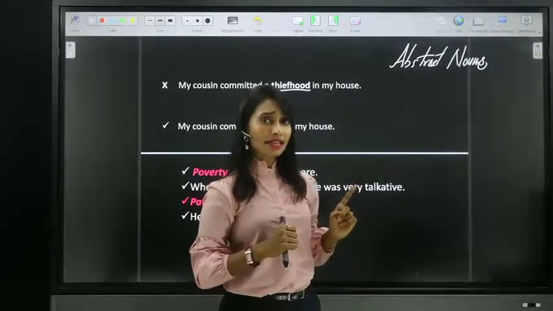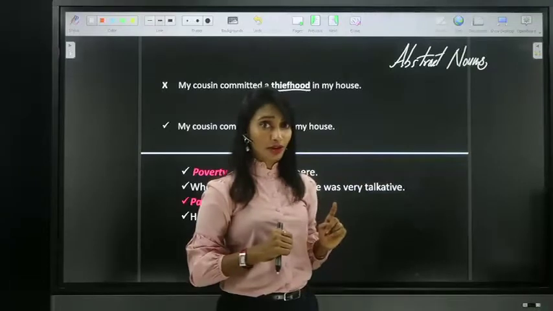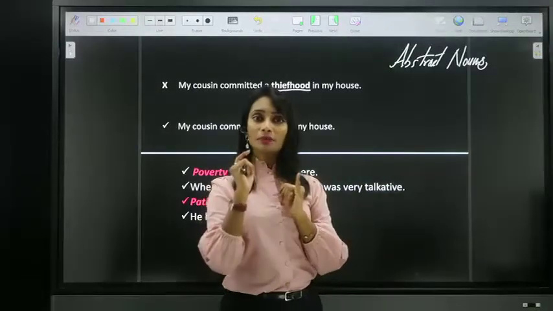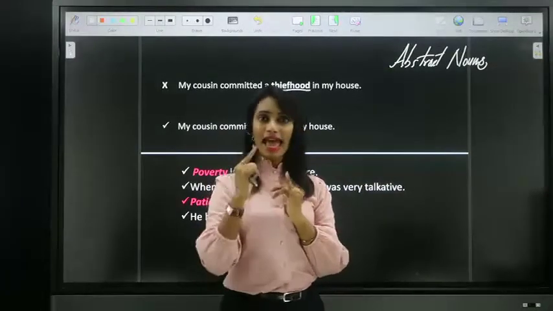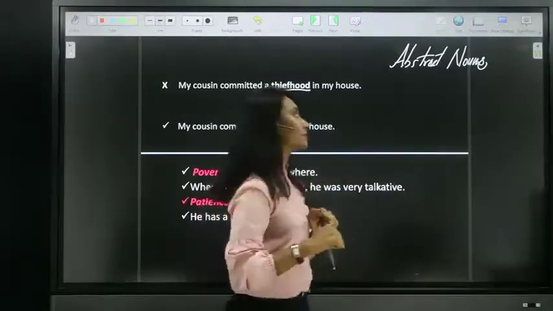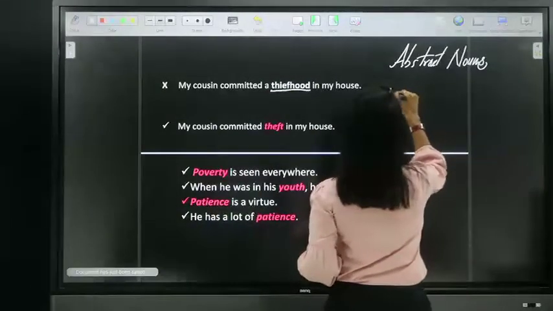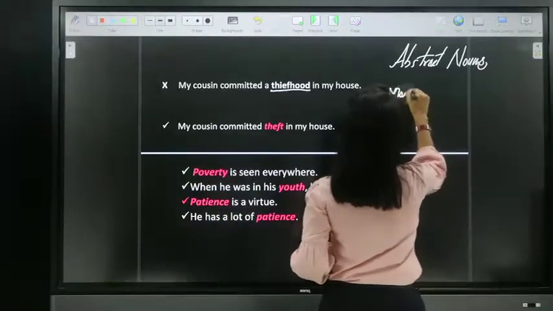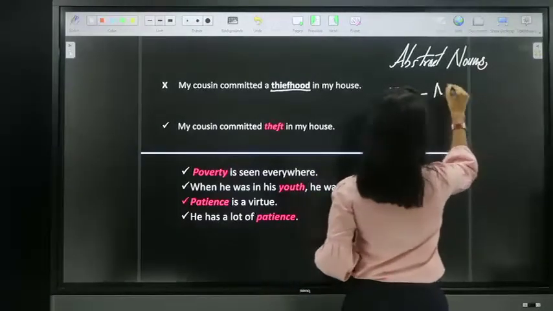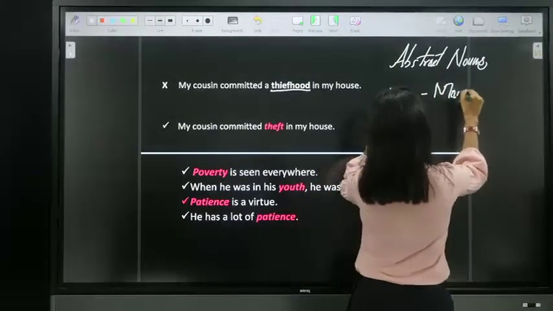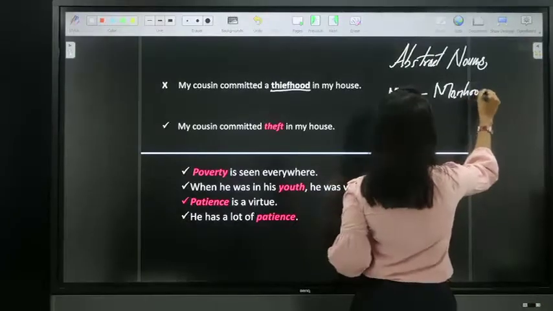Now, we have seen the formation of abstract nouns. Abstract nouns are formed from common nouns, adjectives, and verbs. So, the abstract noun for man is manhood.